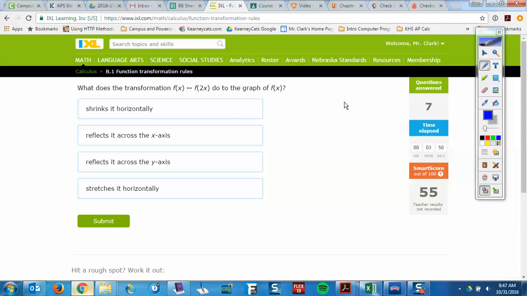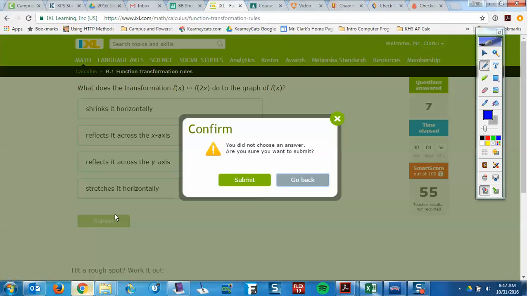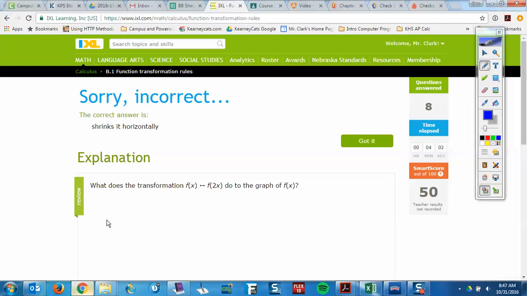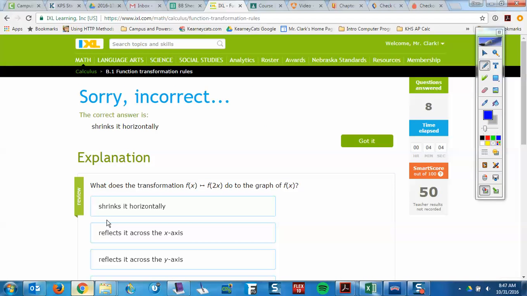So what's your guess for this one? Stretch horizontally. No. When it's on the inside, it's the opposite. Just like the -8 goes right when it's on the inside, when you think minus would be left, anything on the inside is opposite. Just remember that way.